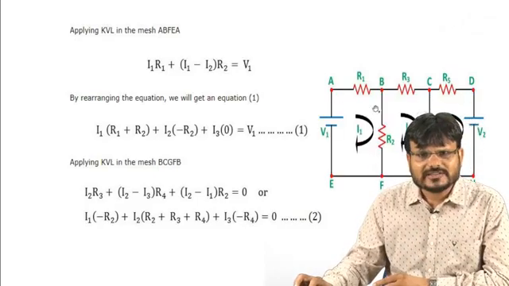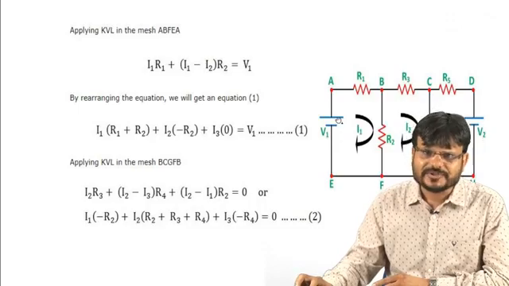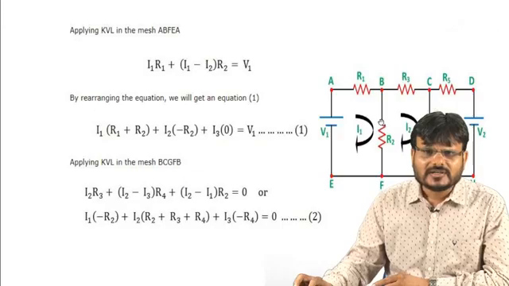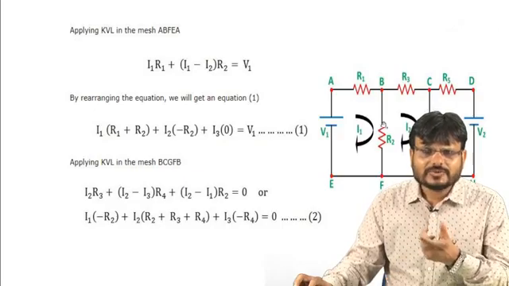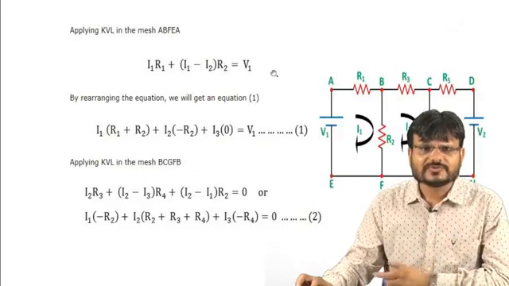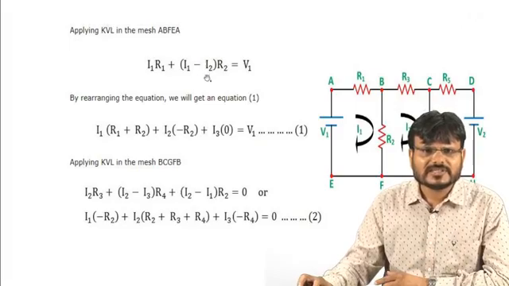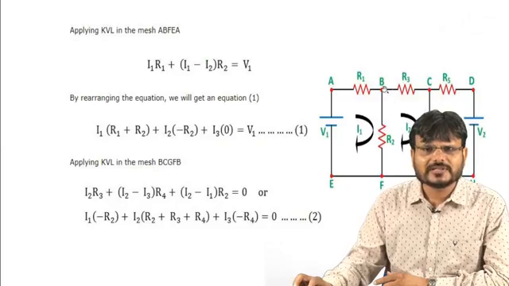So if you are applying the KVL in this equation, plus V1 minus I1 R1 minus (I1 minus I2) into R2 is equal to 0. So V1 is equal to I1 R1 plus (I1 minus I2) into R2. Now you apply the KVL in B, C, G, F, B.